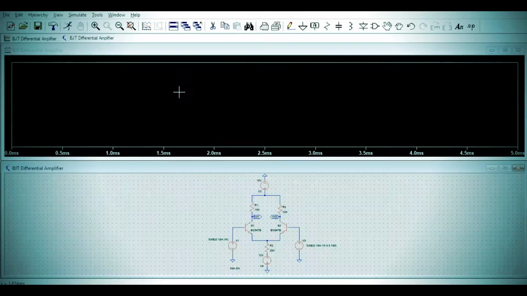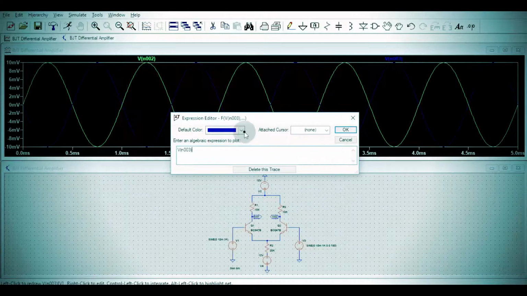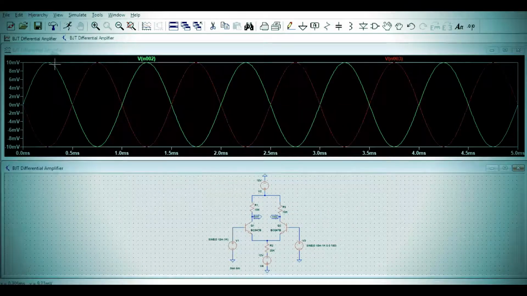So I've run it now. Let us first show the waveform of V1 and the waveform of V3. You can see V1 and V3 are 180 degrees out of phase.